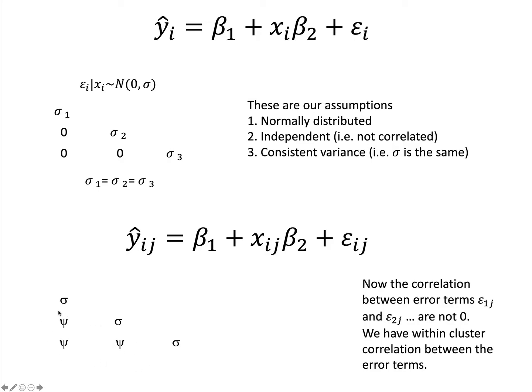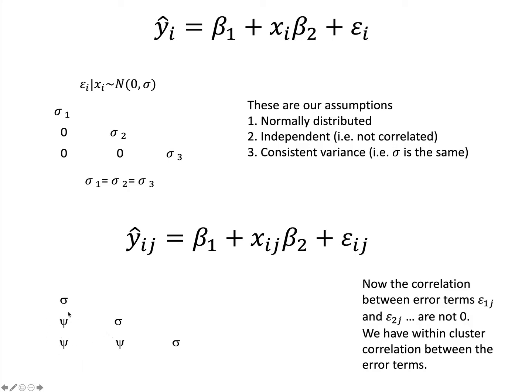So if you think about the models that we've estimated so far, we've estimated a variance, but we've also estimated a within-subject or within-cluster correlation, which we've called psi here.